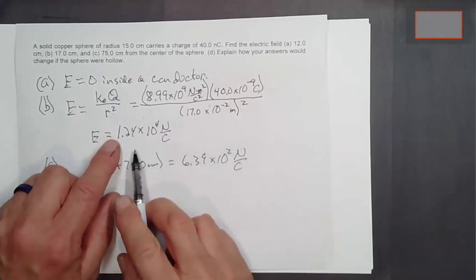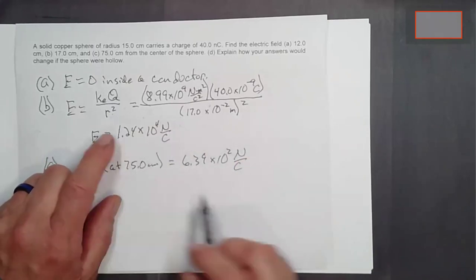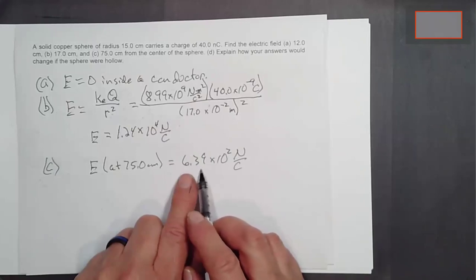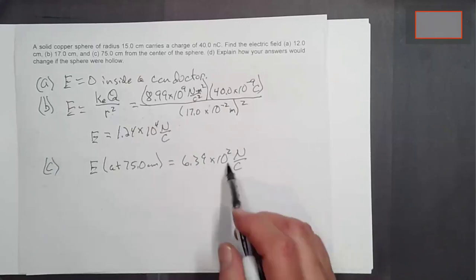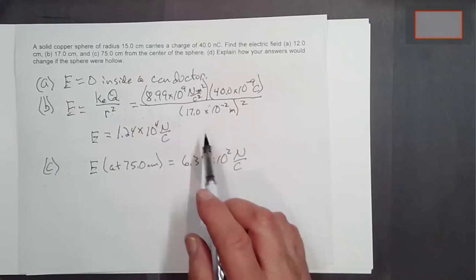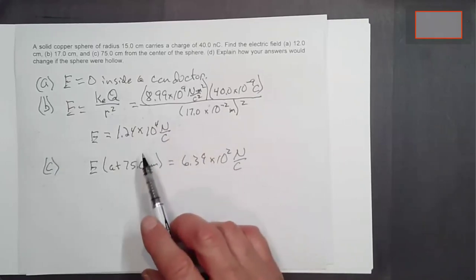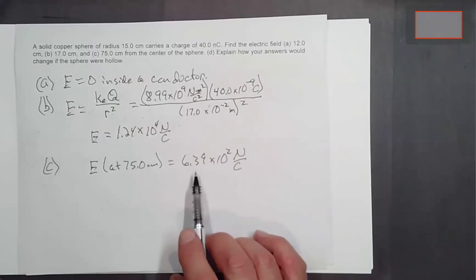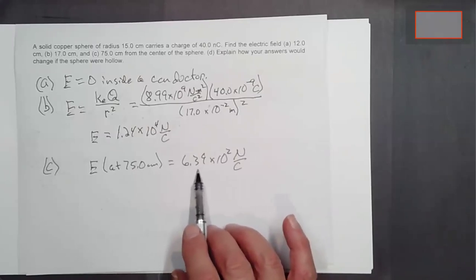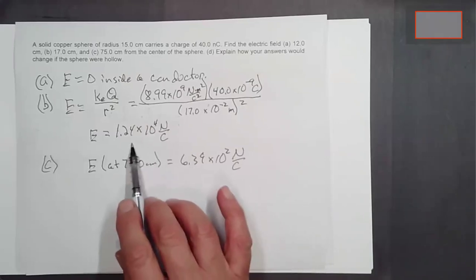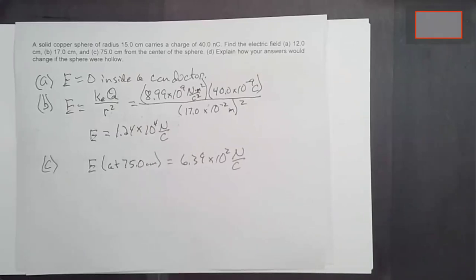So whereas this one's about 12,400, this one's only 639, and it makes sense. You've more than quadrupled the distance, and you'd expect this one would be less than a 16th of the value of that one, and that does happen to be the case.